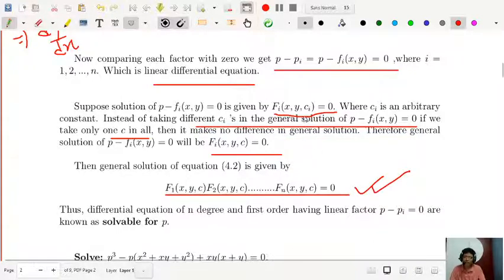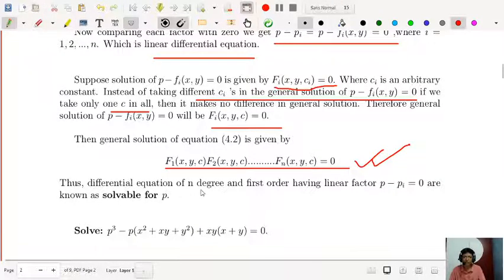Instead of taking different c's, we have considered only one c, and that will not affect our general solution. We must keep in mind that from the theoretical standpoint, the existence of explicit solutions ensures that the formal solutions are elevated automatically to the status of implicit solutions. So that will not affect your general solution. You have to consider only one c in all the cases.